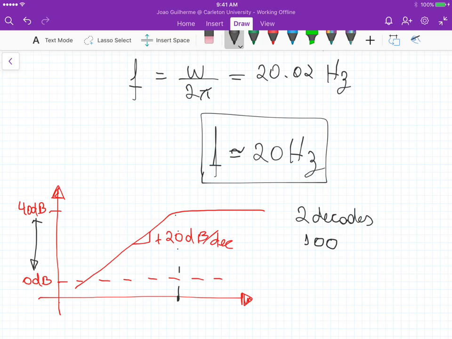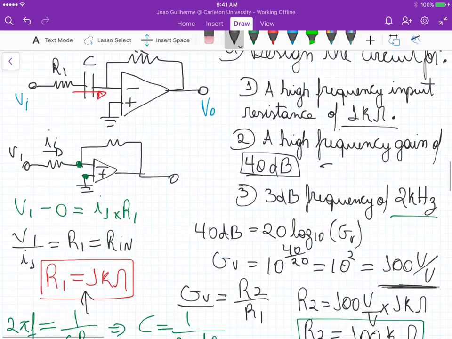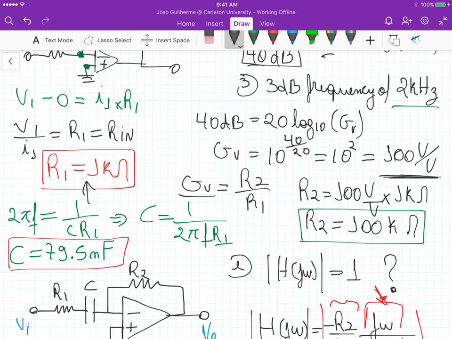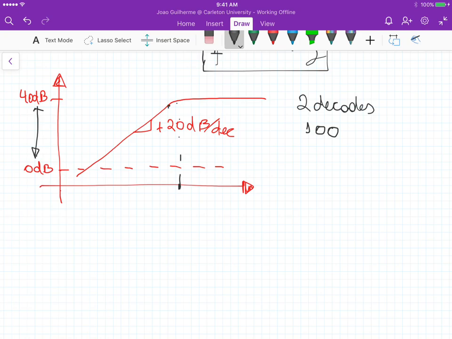Okay, so if we look at the design up here, one of the conditions is a 3 dB frequency of 2 kilohertz. So we can approximate this 3 dB here, which is something here, that's 2 kilohertz.